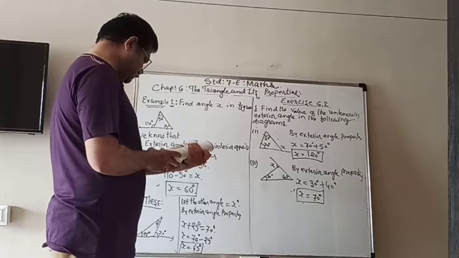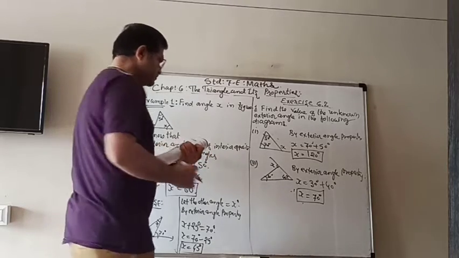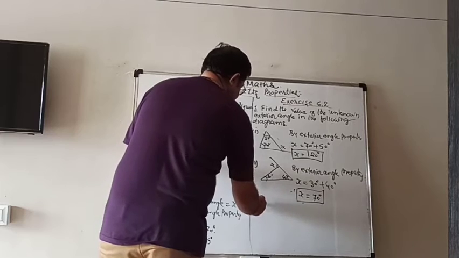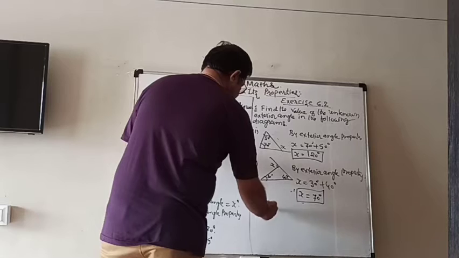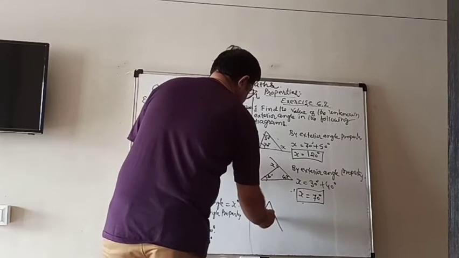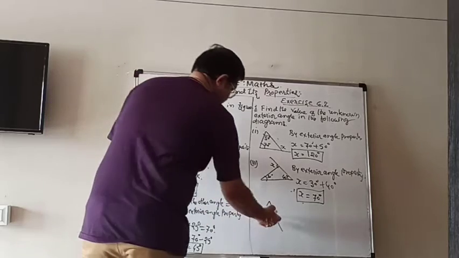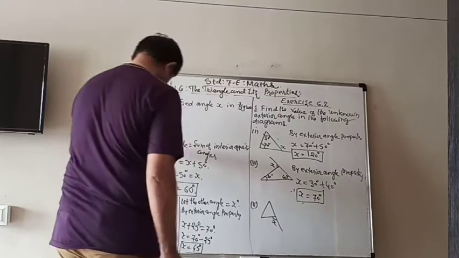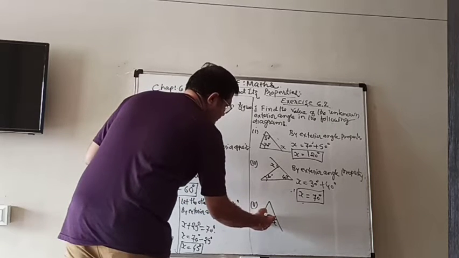Now let's take another one, the fifth one. In that the exterior angle is at the bottom, x, and the other angles are 50 degree, 50 degree.